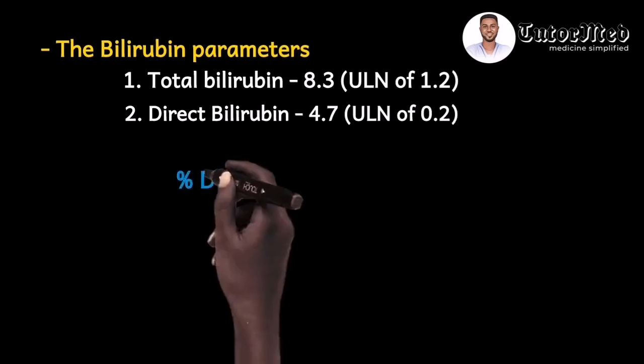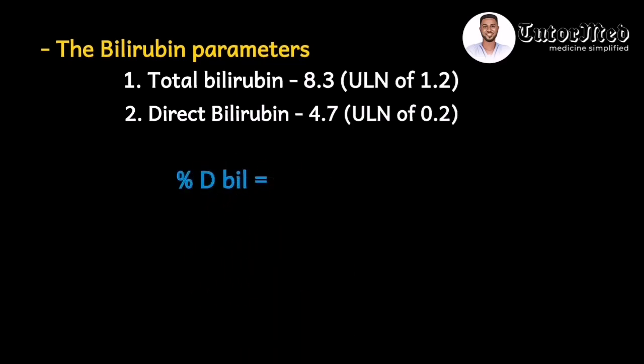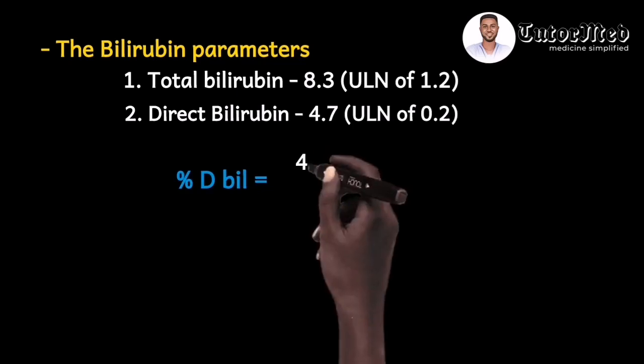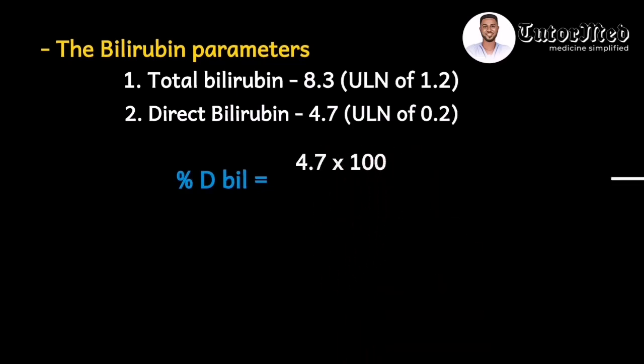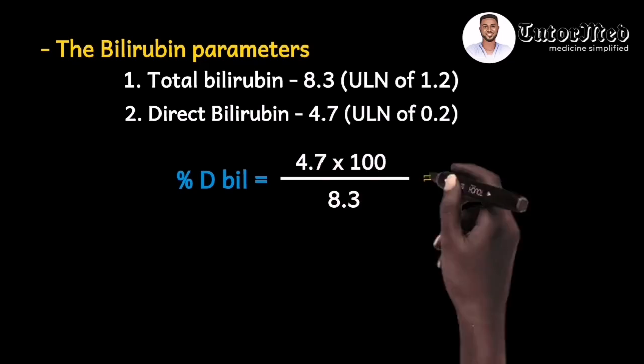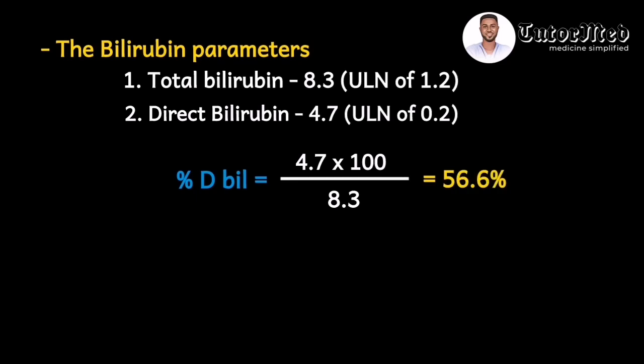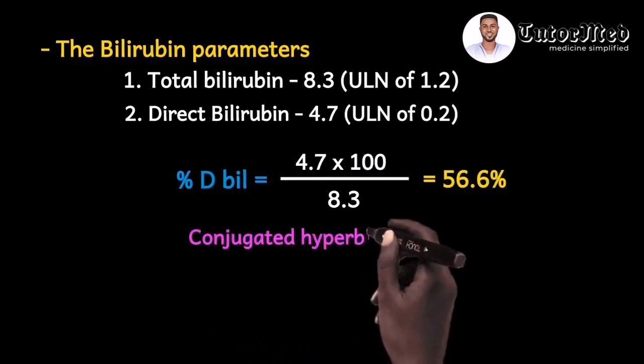But to calculate the percentage direct bilirubin, we would have 4.7, which is the direct bilirubin, all over 8.3 times 100, and this answer gives 56.6. And since this is more than 20%, or some school of thought say more than 50%, this is a conjugated hyperbilirubinemia.